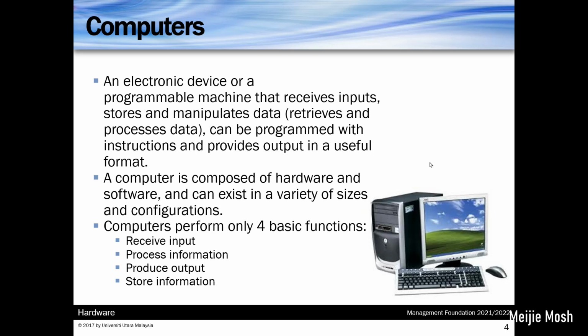By definition, a computer is an electronic device or a programmable machine that receives inputs, stores and manipulates data, which includes retrieving and processing data. It can also be programmed with instructions and provides output in a useful format. So a computer is composed of hardware and software and can exist in a variety of sizes and configurations.